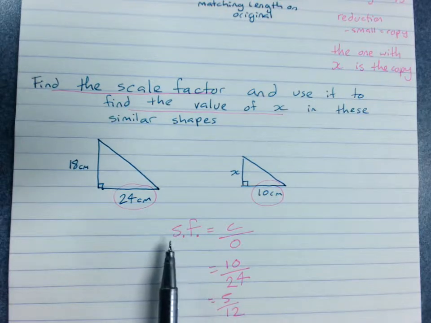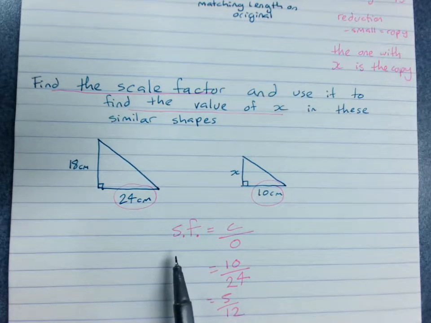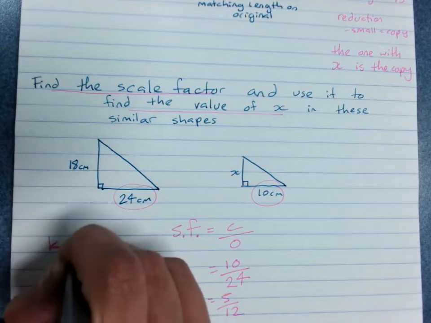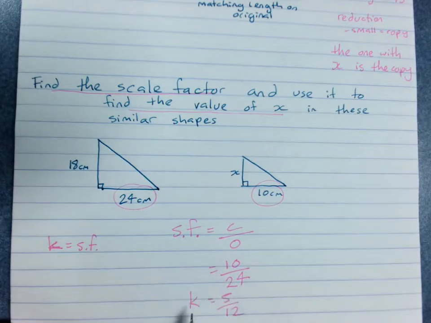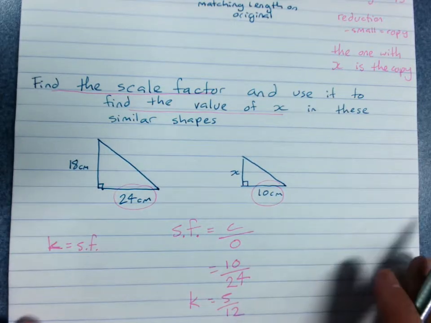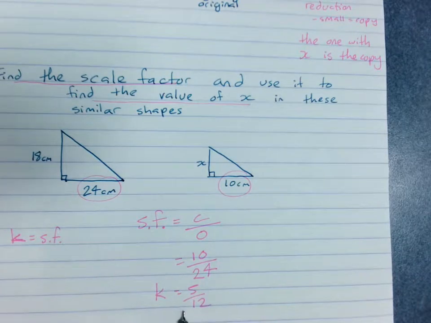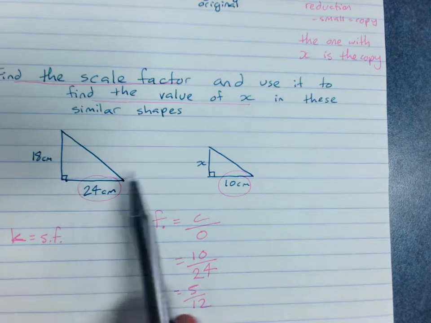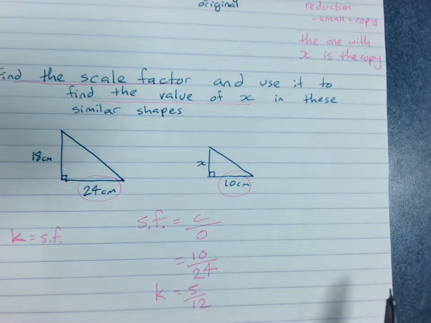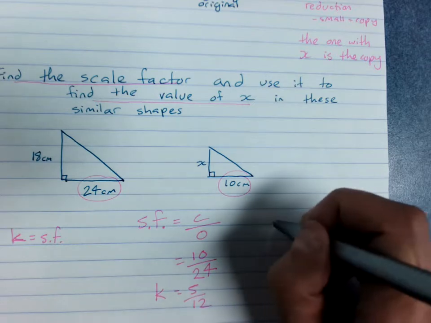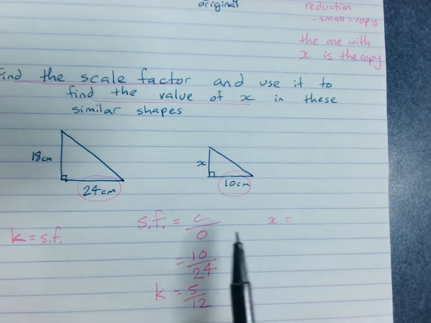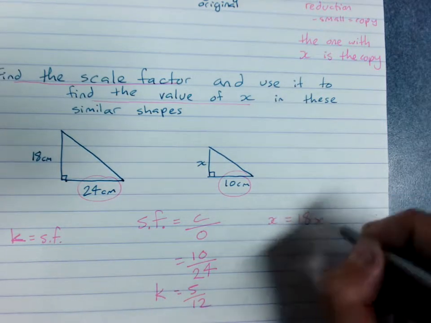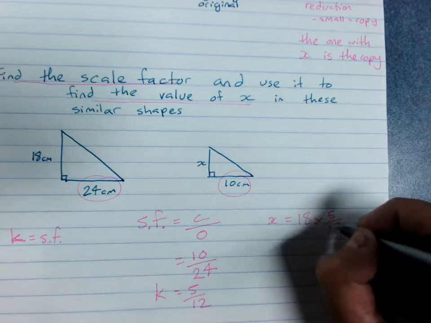Now, just incidentally, the letter that we use to represent a scale factor is k. k equals my scale factor, so I can say k is 5 over 12. Once you've got your scale factor, that is the number that 24 was multiplied by to get 10. So that means that to find x, it is the matching side to x, 18, multiplied by the scale factor of 5 over 12.